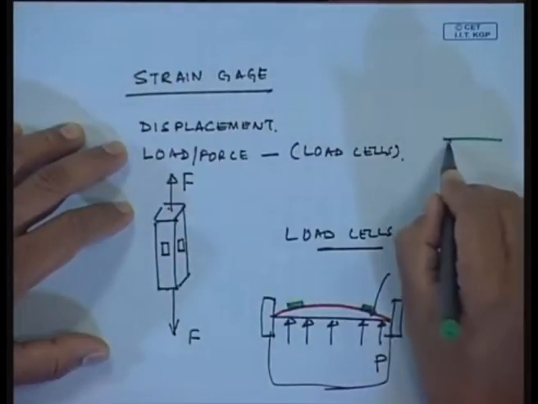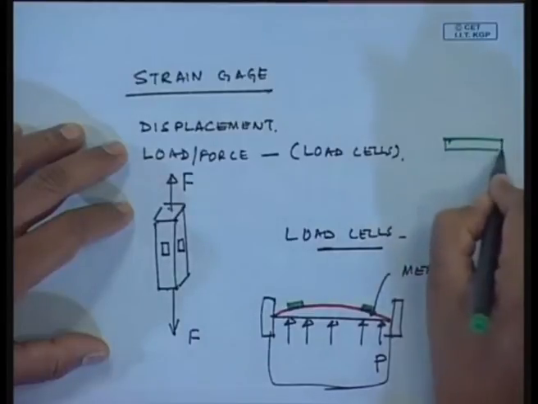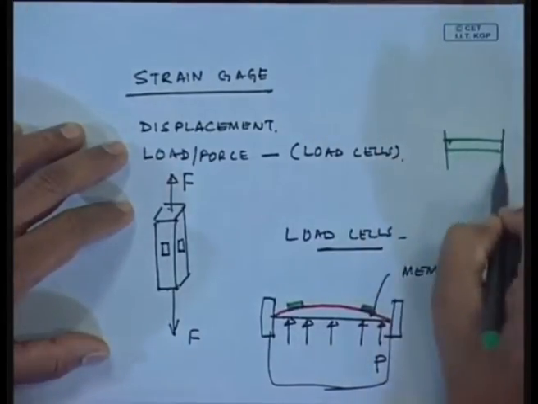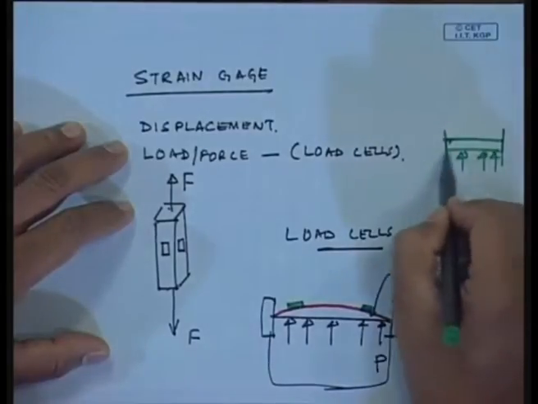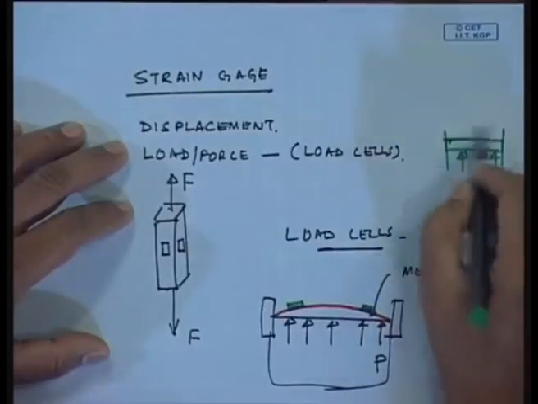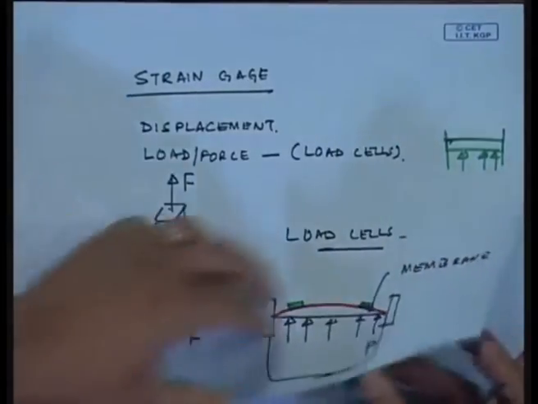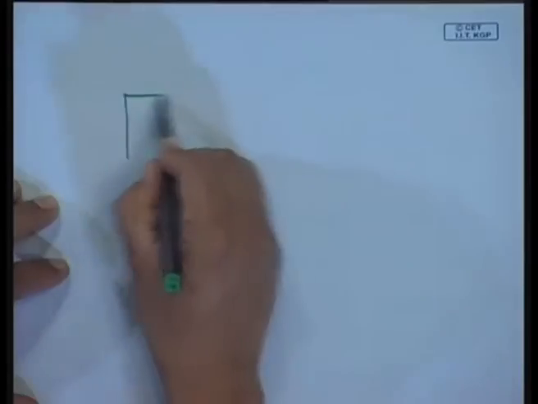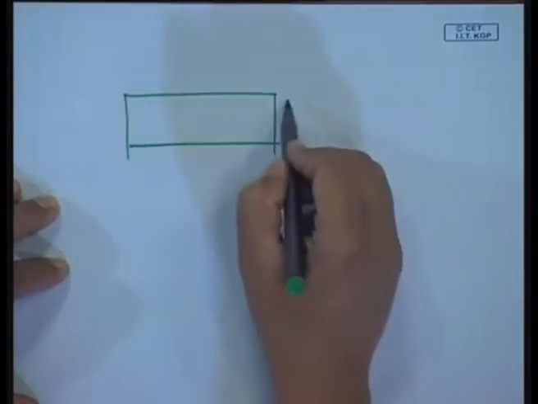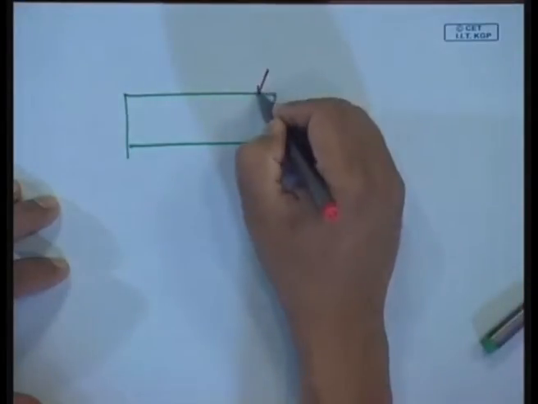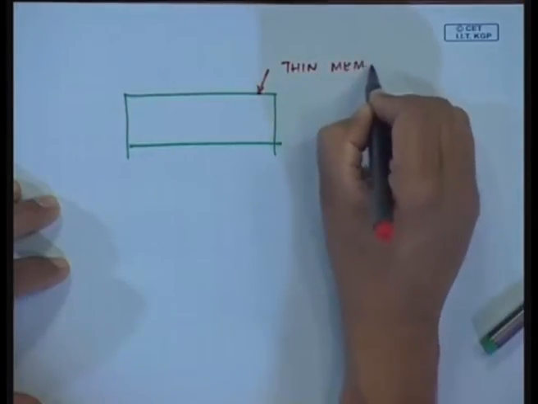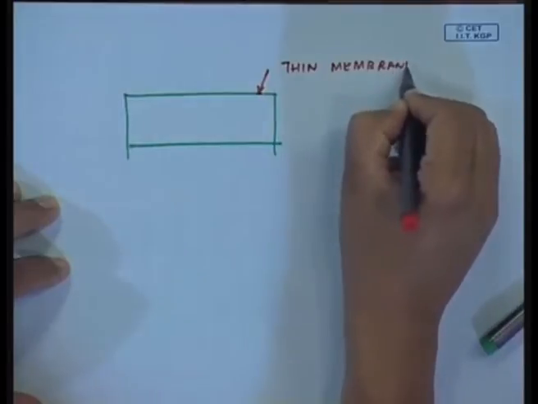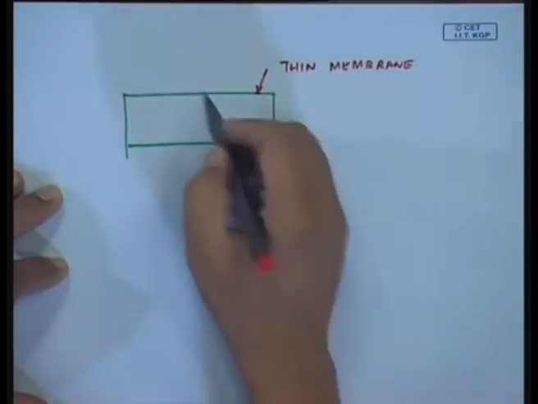In a microphone, we have two membranes or two discs rather, and they are maintained at a certain potential. Let me draw it on another page here. It is a very thin membrane, like a metallic foil, okay.